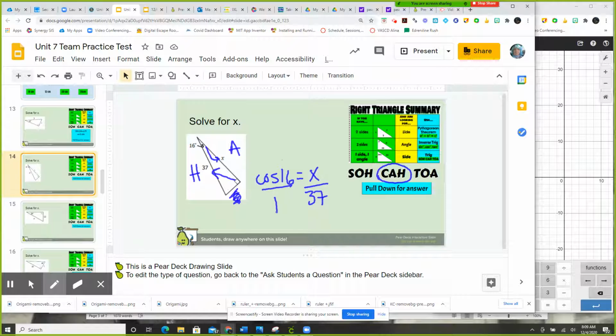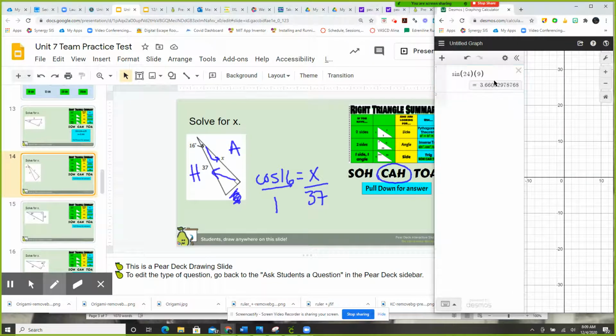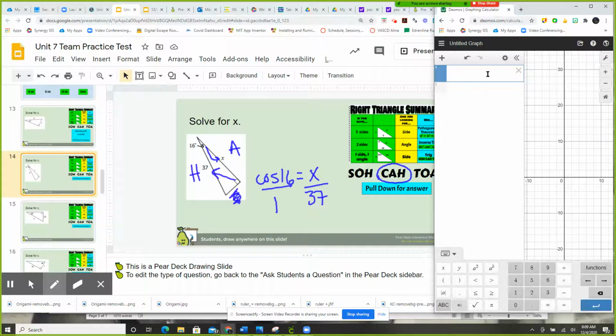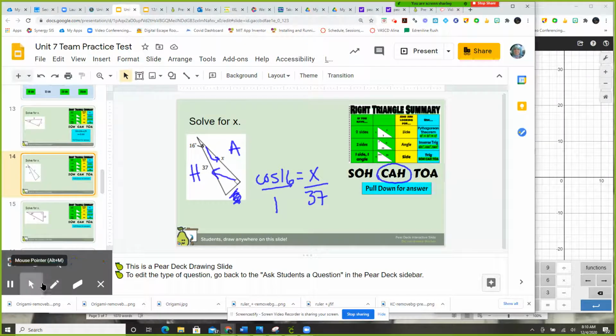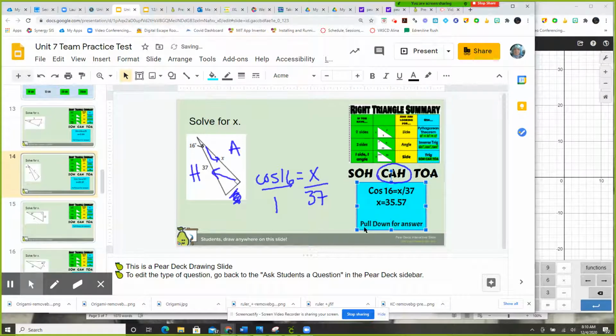And then what do I do? What math do I put in the calculator? Sweet. 37 cosine 16. And Victoria, I love that you put the 37 first. That definitely helps you make fewer multiplication mistakes, because here you don't have to put any parentheses in like I had to put in the last one. So as long as we've set it up right, we should hopefully get the right answer.